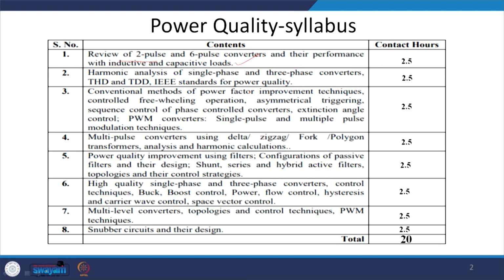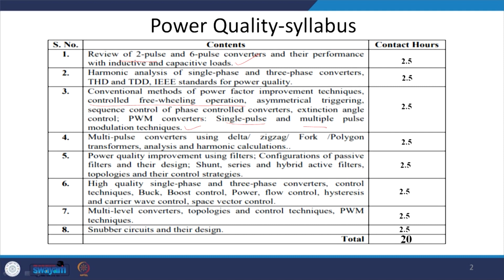Thereafter, we shall discuss the different conventional methods of power factor correction: controlled freewheeling operation, asymmetrical triggering, sequence triggering, sequence control, phase control converter, extinction angle control, PWM converter, and single pulse and multi-pulse modulation techniques.